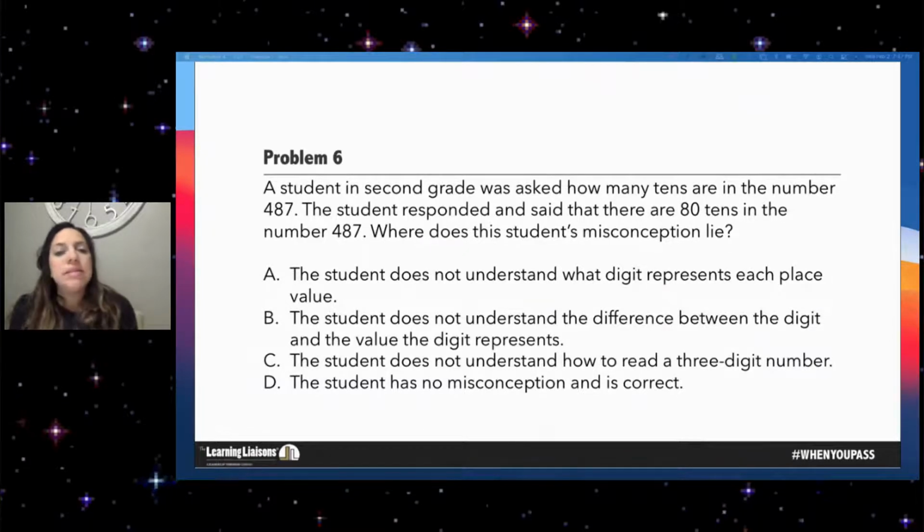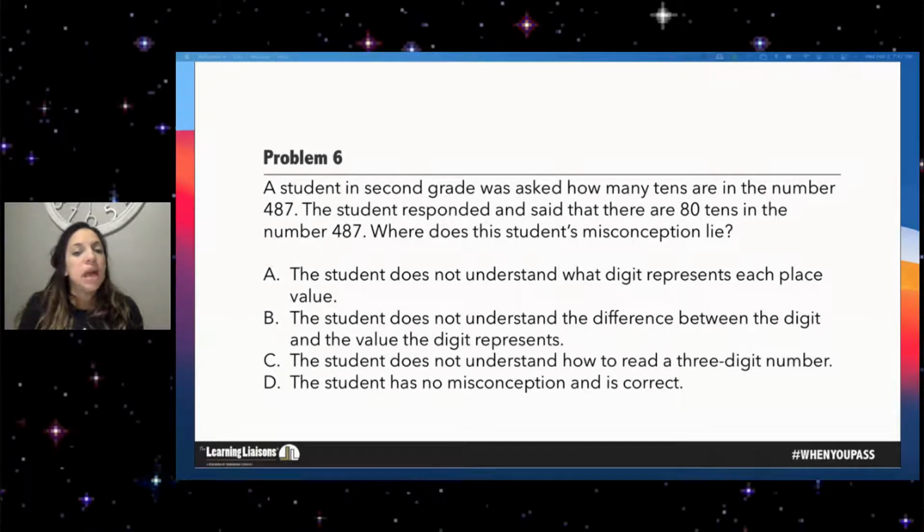A student in 2nd grade, pre-K through 3, K through 6 people, this one's for you, was asked how many tens are in the number 487. The student responded that there are 80 tens in the number 487. Where does this student's misconception lie?